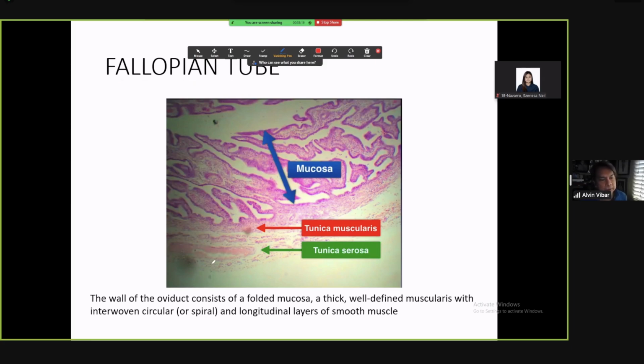The wall of the oviduct, that's the other name of the fallopian tube, is made up of a mucosa, with a thick tunica muscularis, and it's covered with tunica serosa. Again, those are the layers: mucosa, which is thrown into folds, then your tunica muscularis, and then your tunica serosa.